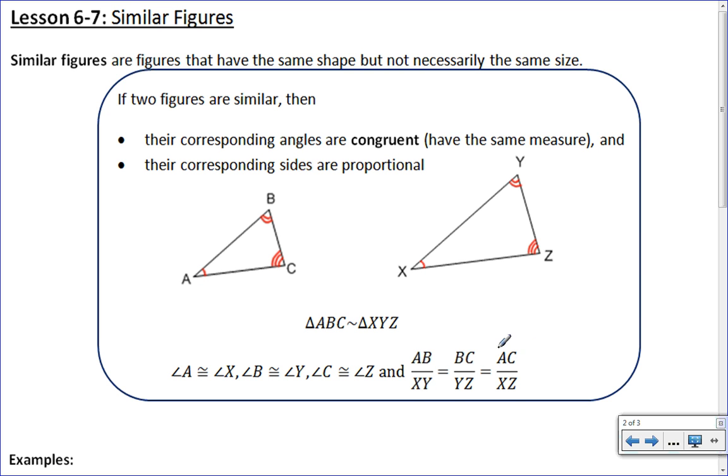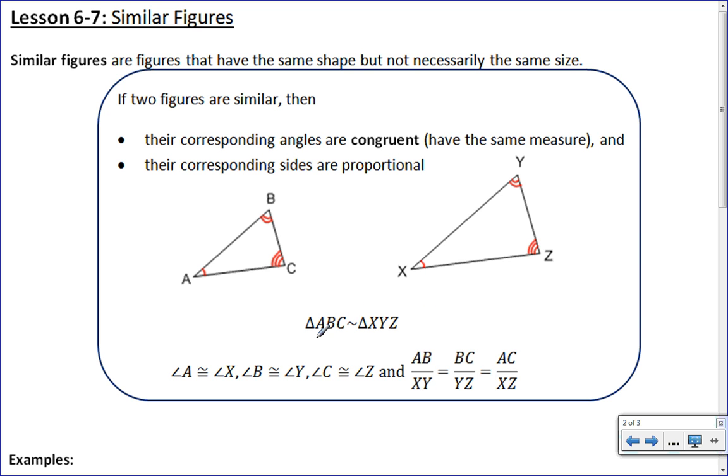Now, we never set up proportions with 3 parts, but this is just showing you that any 2 of these parts together is true. So any 2 of those parts will be equal. So it will depend on which side lengths you're given and which side lengths you're looking for, but any 2 of these 3 ratios will always be equal when the figures are similar.